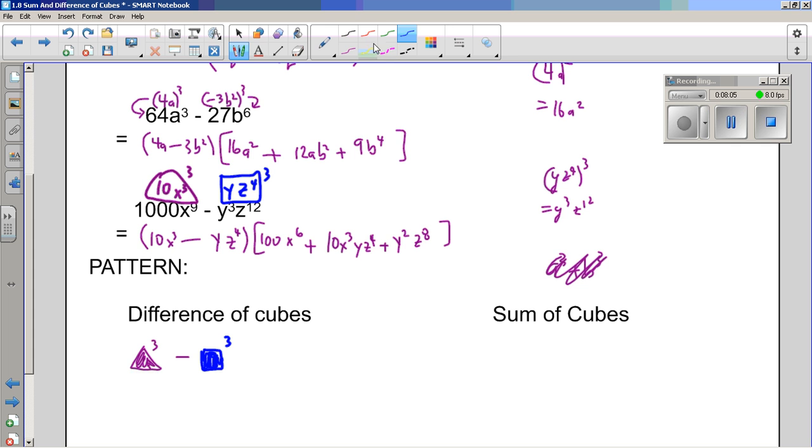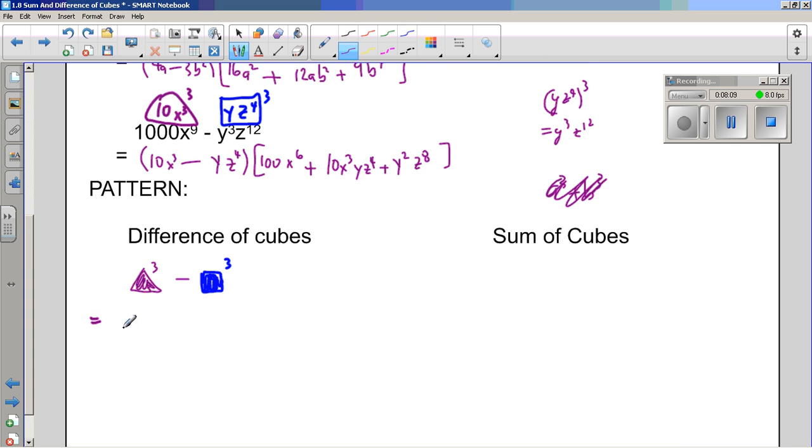So this pattern goes something like this. If I wanted to factor this using a pattern, not using the factor theorem, the first term is just the cube root of this, and the second term is just the cube root of this, which is just blue square.